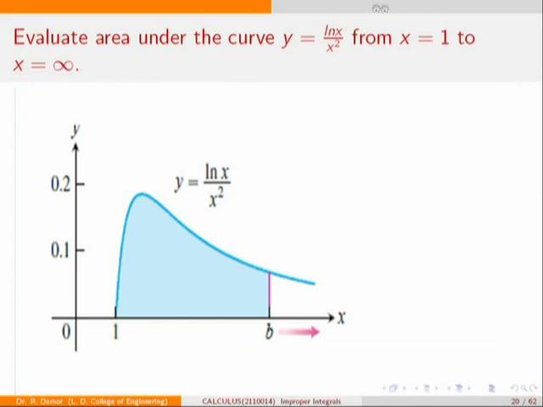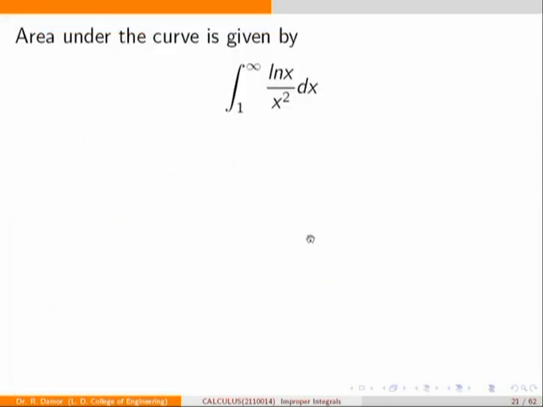Which type of integral is this? Because my limit is 1 to infinity, this is a type 1 improper integral. Second, here the domain is infinite, 1 to b with b tending to infinity, and this is my curve. Now how do I evaluate this?